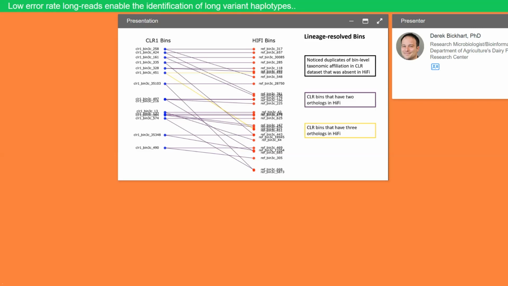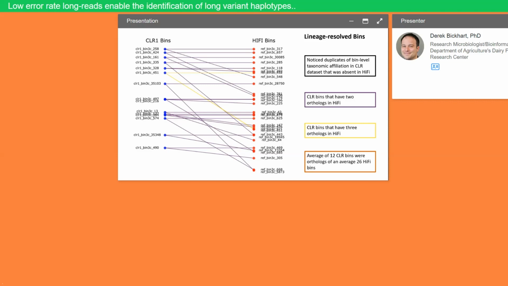The edge color indicates the number of associations, where purple indicates 2 HiFi bins for every 1 CLR bin, whereas yellow indicates 3 for every 1 CLR bin. We found across all 3 CLR data sets, there was an average of 12 CLR bins that tended to be these collapsed assemblies of at least on average 26 HiFi bins.